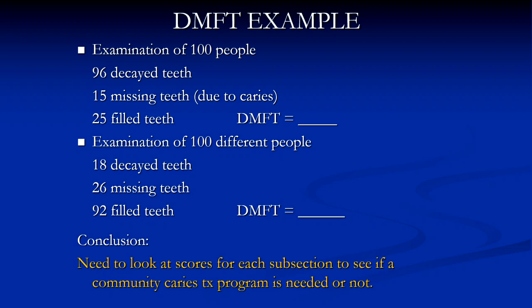Because their teeth are filled, they don't have active decay. The second group, the D3s, are much healthier. So if I were a company developing a caries prevention oral health model, I would target the first group, the D4s, because those are the people that actually have a lot more active disease going on.